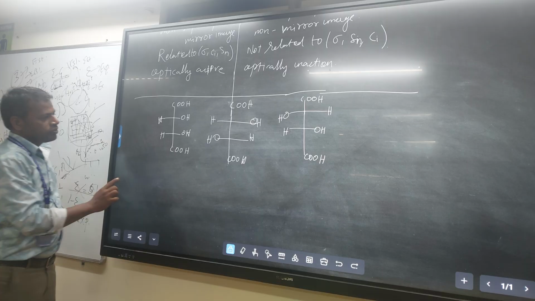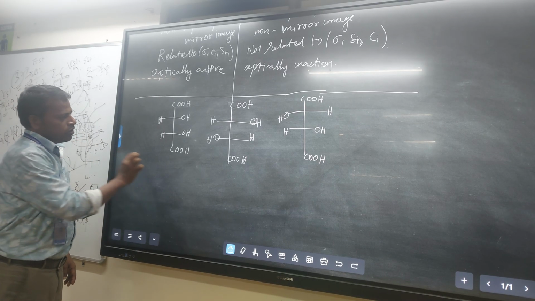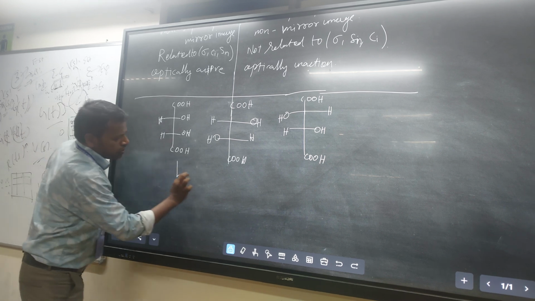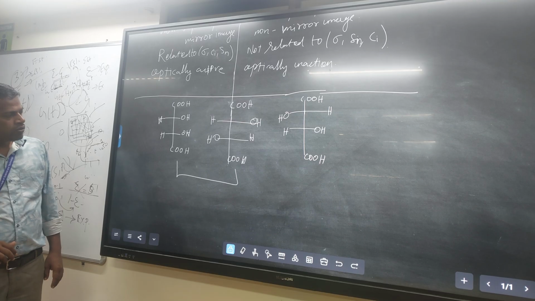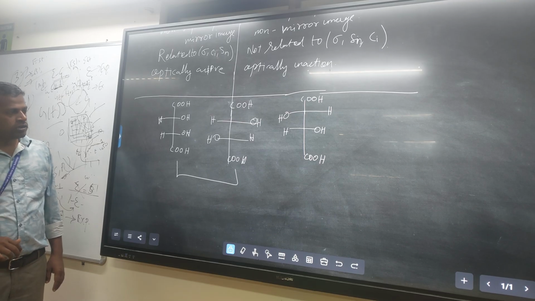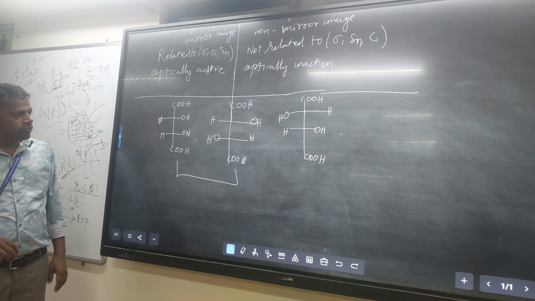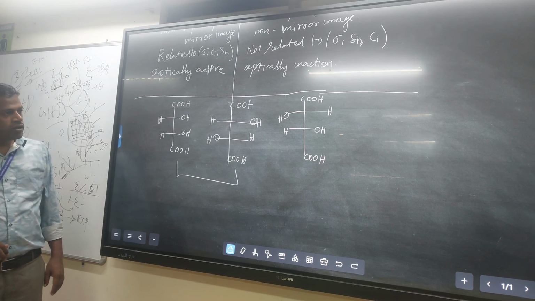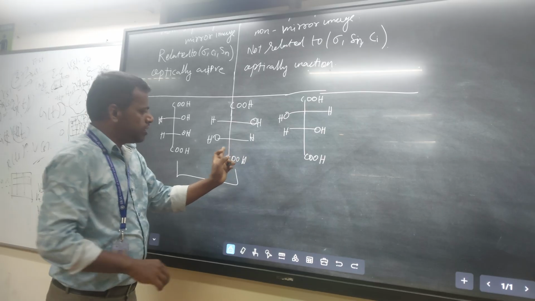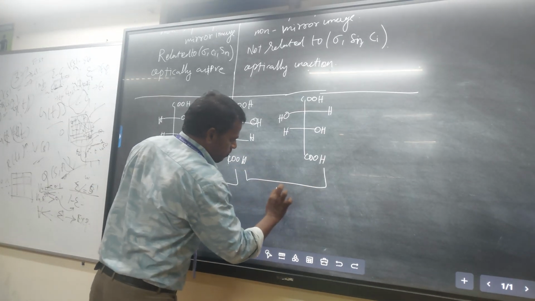Here, this one and this one are a mirror image, right? Non-superimposable. That means enantiomer.